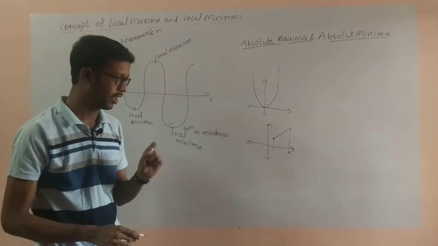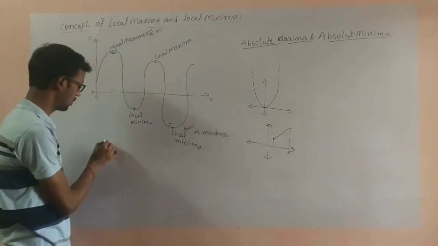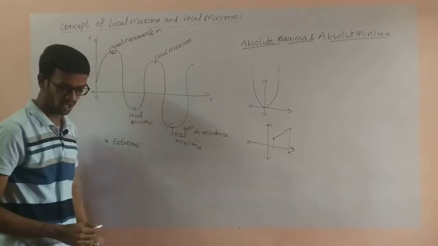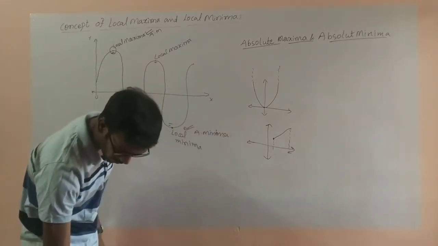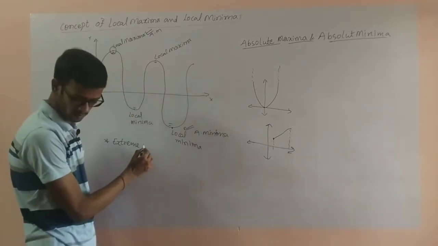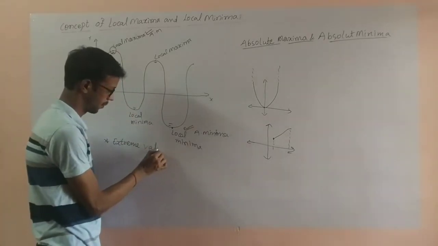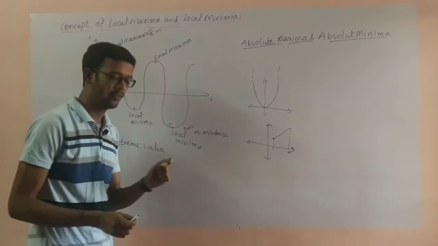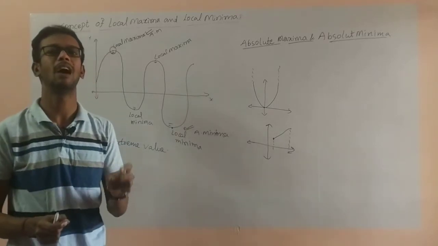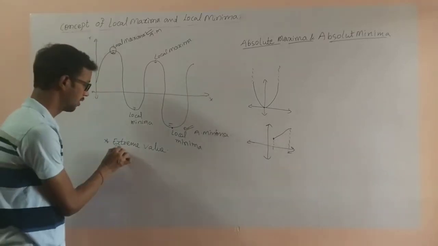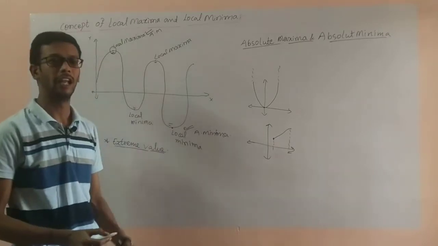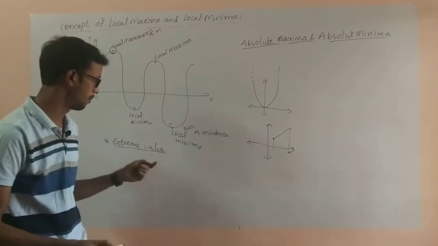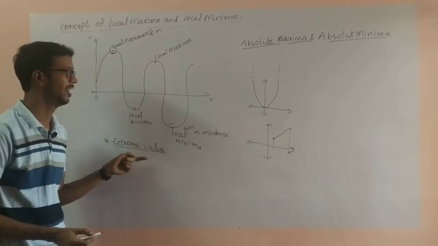One more concept is there: extreme points, extreme value. At one particular point, if we are getting either maxima or minima, that point is called an extreme point and that value is called the extreme value.